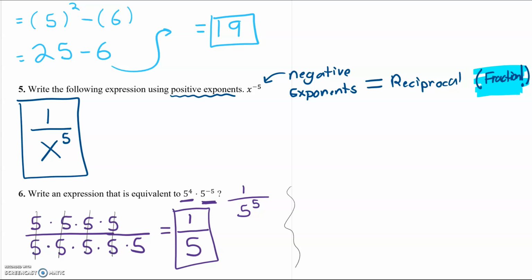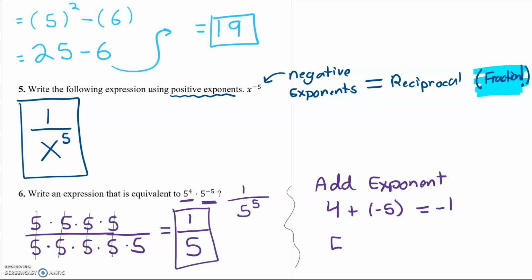Other way to think about it, if we were going to use just kind of our trick method. So if we're doing multiplication here, that means we're going to add our exponents together. So I'm going to add first just the exponent part. So the first one is 4 plus negative 5, which gives me an answer of negative 1.